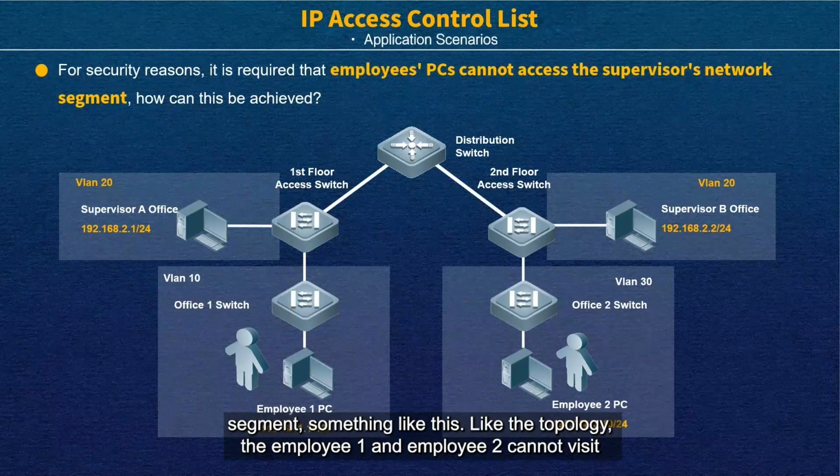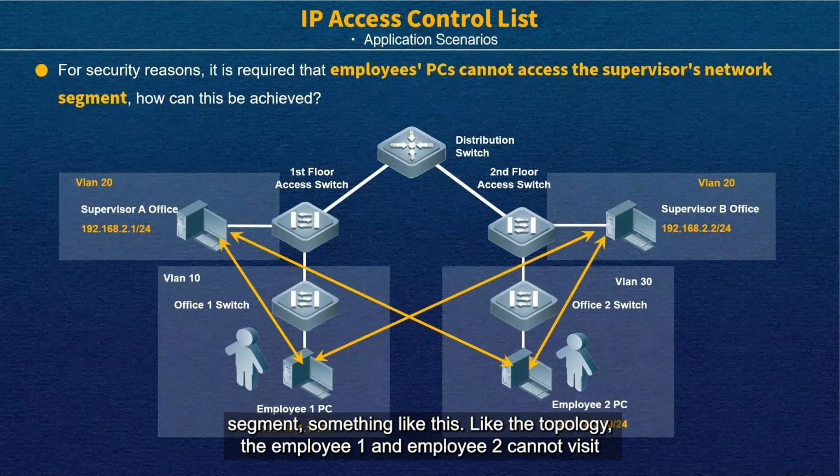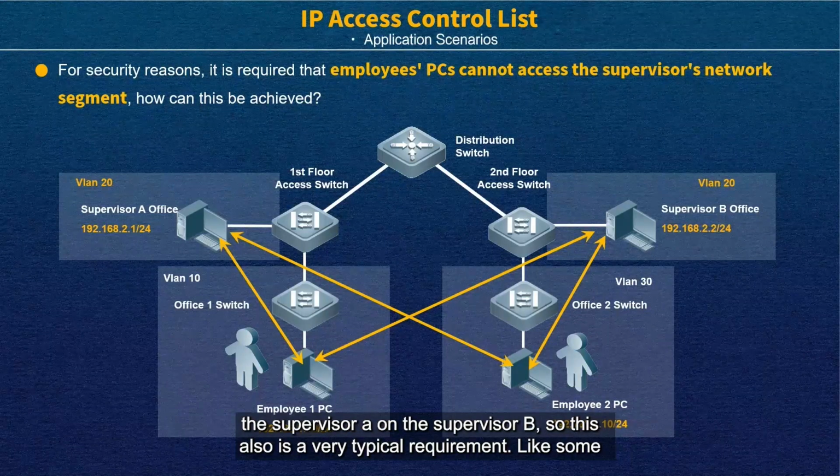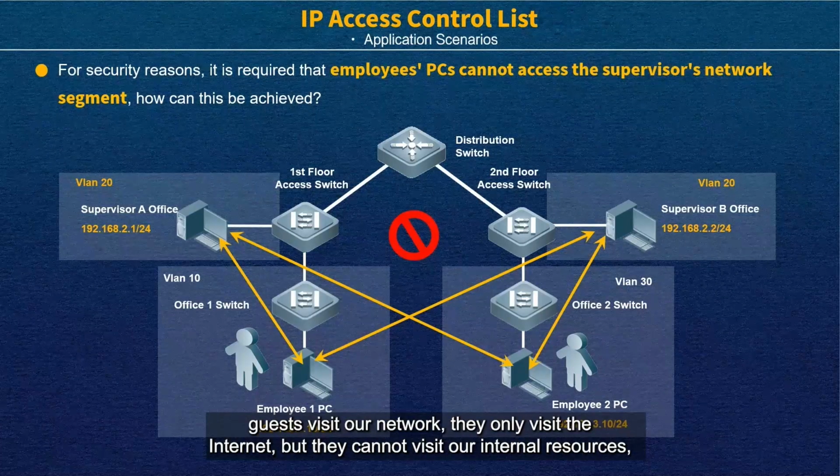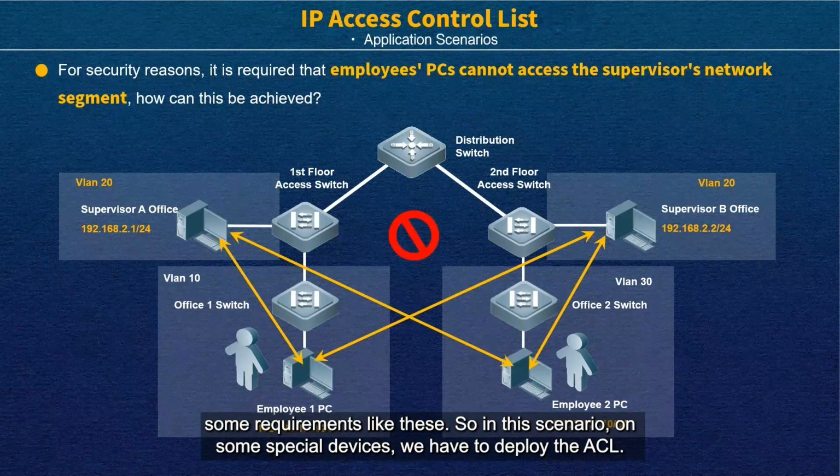Like in the topology, employee 1 and employee 2 cannot access server A and server B. So this also is a very typical requirement. Like some guests accessing our network can only access the internet but cannot access our internal resources. In scenarios like this, on some special devices, we have to deploy the ACL.